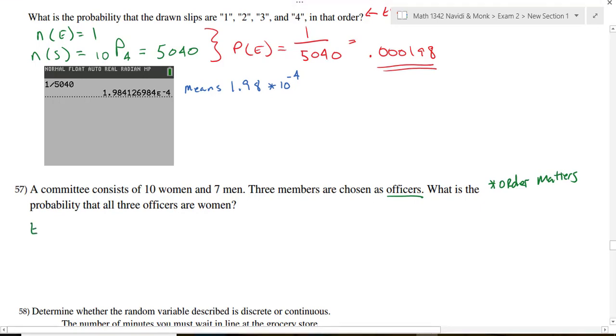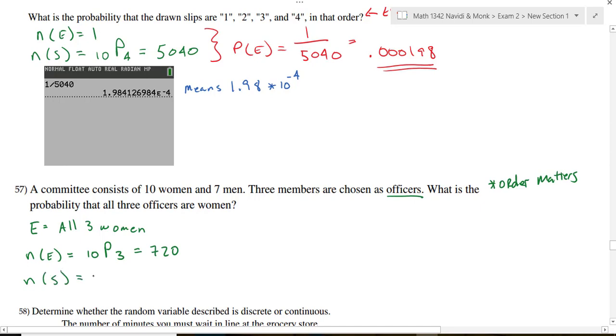So my event is that all 3 women are selected. The number of elements in my event would be, I take the 10 women and I'm picking 3 of them, and 10p3 we already saw earlier was 720. My sample space is everybody.